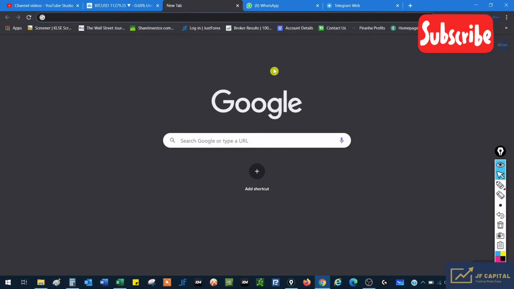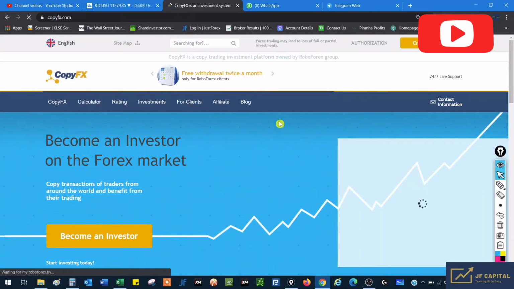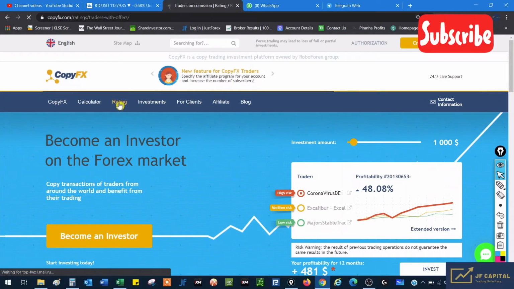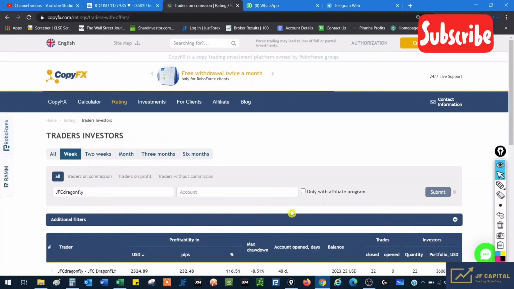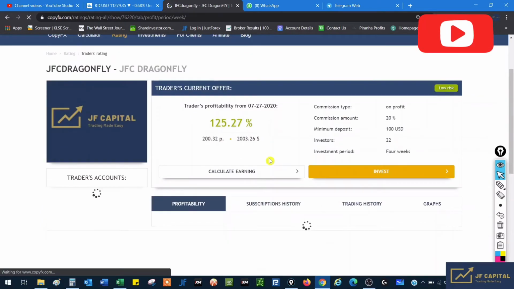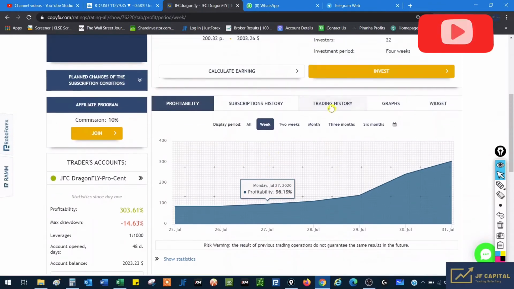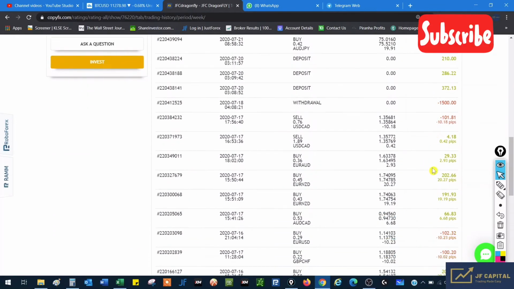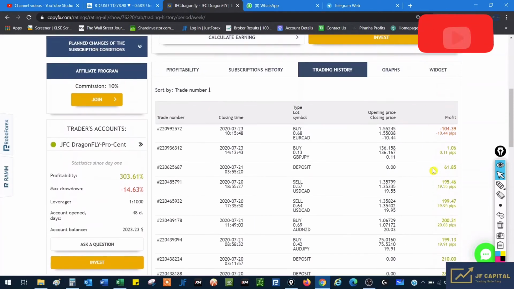Besides this, you also can go to copyfx.com, then click rating, type in JFC Dragonfly and click this. Over here, you can see the trading history of every position that I have executed.